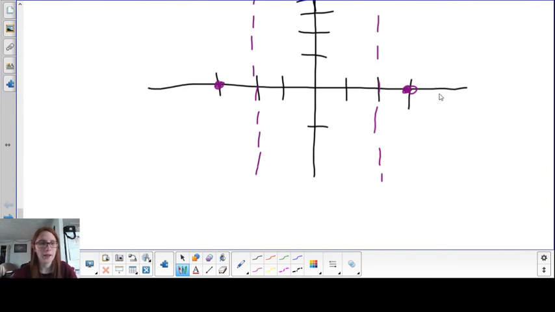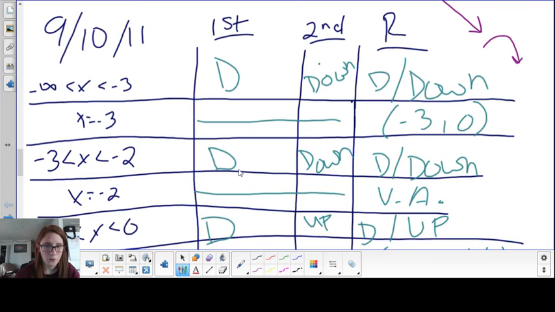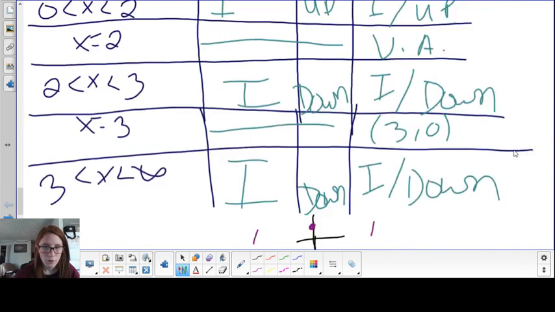So let's go ahead and look at what my chart is telling me. If I scroll back up, when we're approaching negative 3, we're going to be decreasing, which means we're going left to right down, and we're going to be concave down. So we're going to be looking like this. I haven't hit an asymptote yet, so I don't necessarily want to stop.